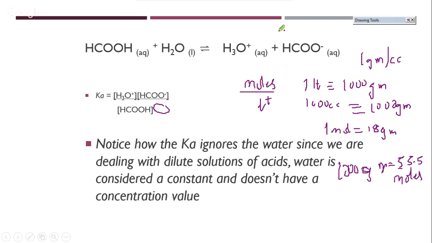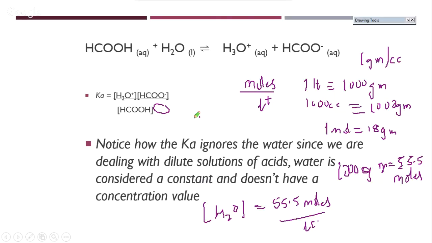What I'm trying to show here is that the concentration of H2O is as high as 55.5 moles per liter. That's the concentration of pure water.